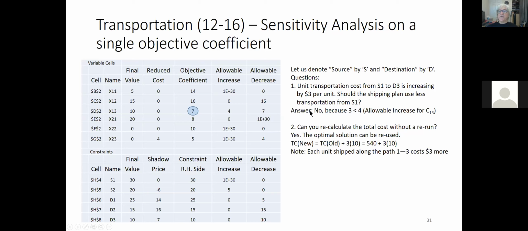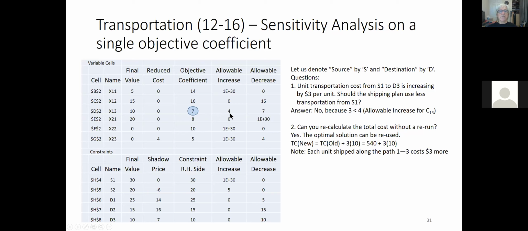The question is, should the shipping plan change because of that? If it's more expensive to ship a unit on this route, why ship 10? This is optimal right now. Maybe it's not optimal anymore. Sensitivity analysis will answer the question right away.